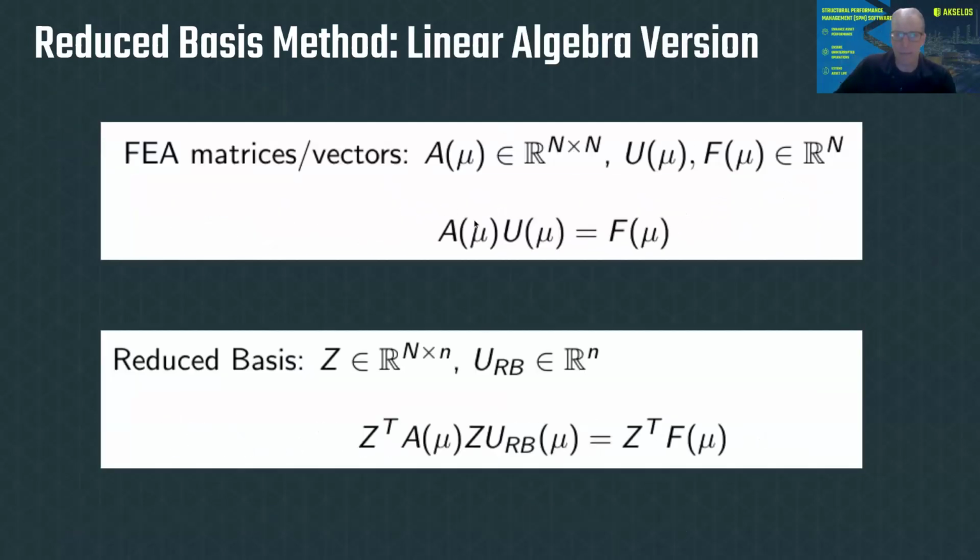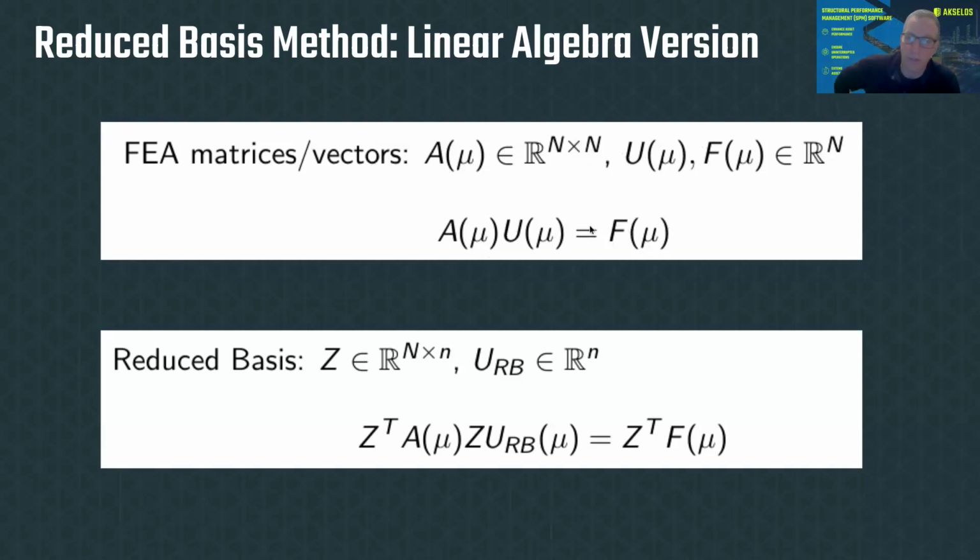And it's often helpful for people to see this in a more matrix vector type of formulation. So how does this look in matrix vector formulation? Well, in the FEA formulation, it looks like this. You've got a stiffness matrix of size capital N by capital N, big N by big N. You've got a load vector and solution vector of length big N. So you get this simple linear system here. This is the linear case.